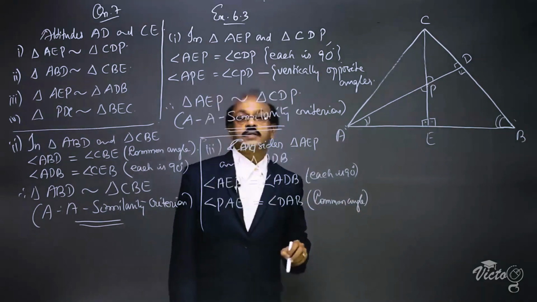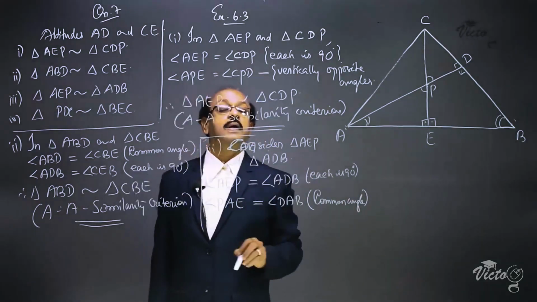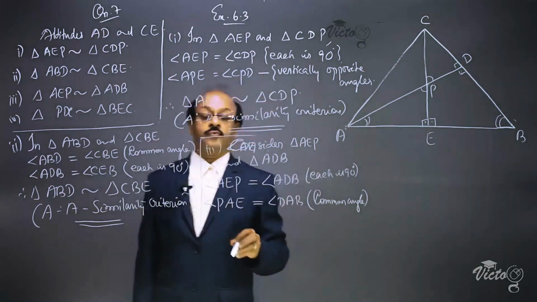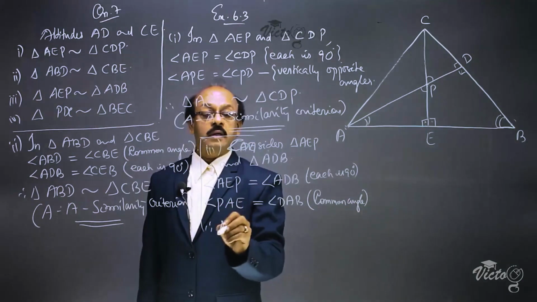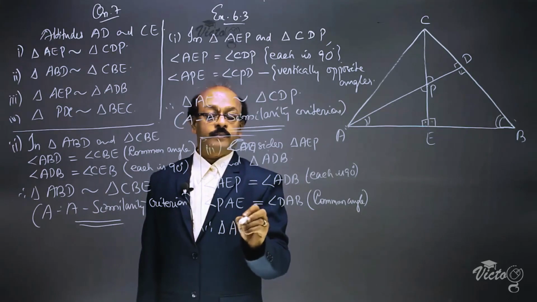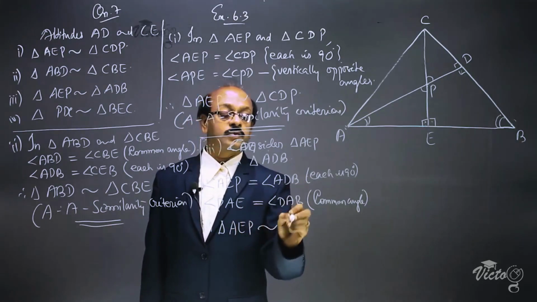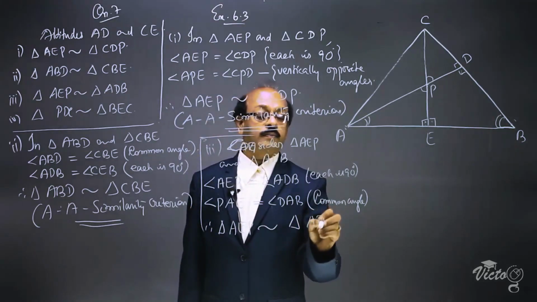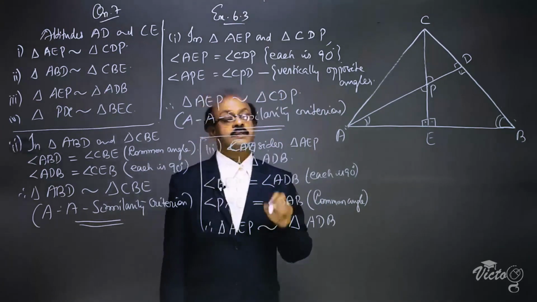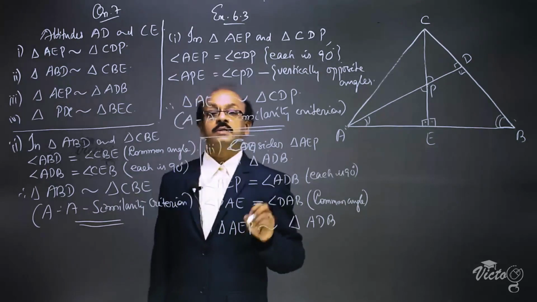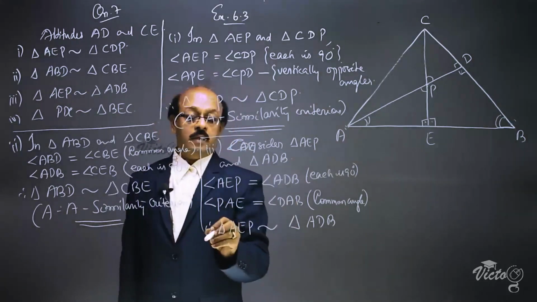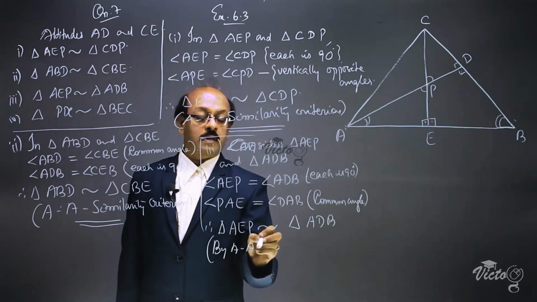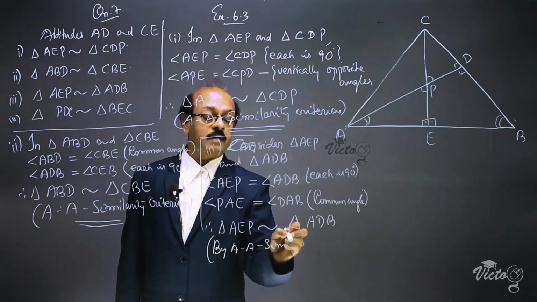These two equalities are sufficient to prove that triangle AEP and triangle ADB are similar triangles. Therefore, triangle AEP is similar to triangle ADB by the AA similarity criterion.